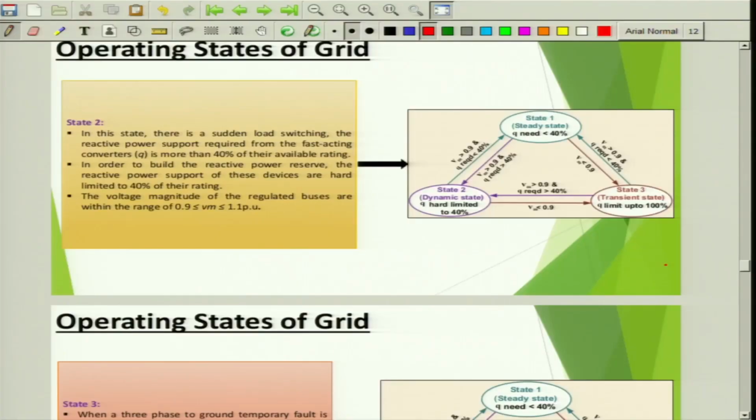And one more thing is, during dynamic state, though the reactive power injection expected from the fast acting converters is greater than 40%, we hard limit it. That means we will not try to meet the expectation, we hard limit it to 40%, so that we can have some bare minimum reactive power reserve for the transient state, because a fault can happen any time, we do not know. So, we should have some reactive power reserve. So, this is the definition that we had considered.